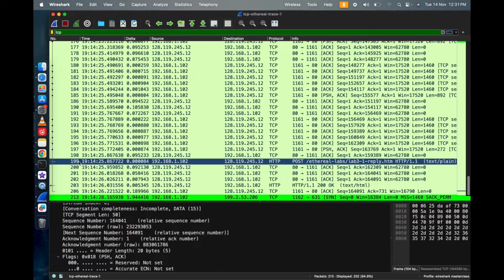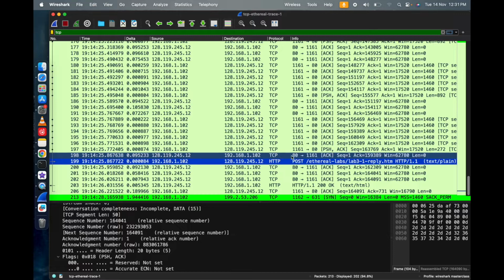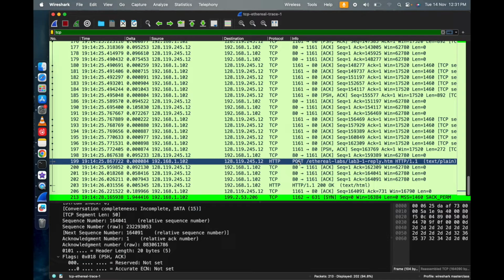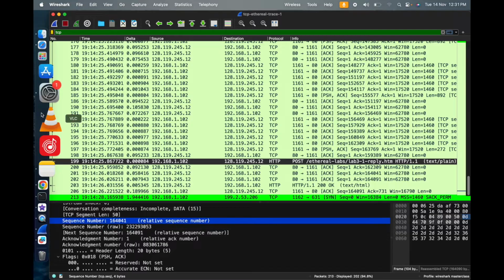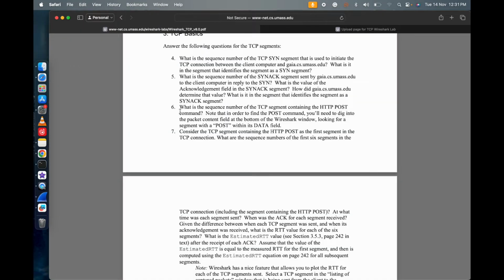So it's segment 199, and it contains the HTTP POST command, and the sequence number of this segment has a value of 164041, which is mentioned over here, right? So next question, guys.